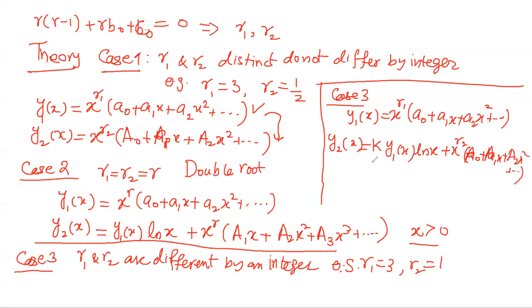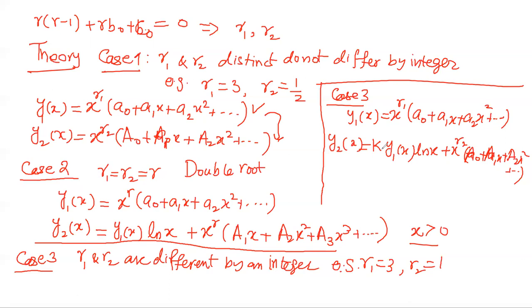Anyway, here the difference between case 2 and case 3 is that in case 2 it is essential to have a log x term in the second solution. However, in case 3 it is not essential.